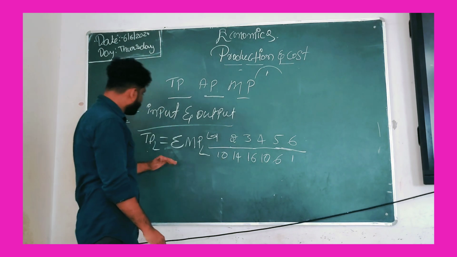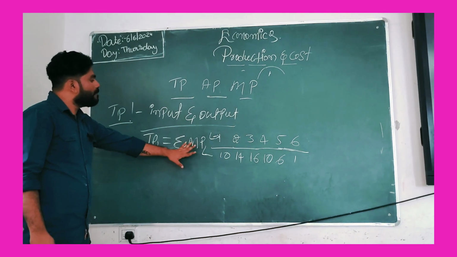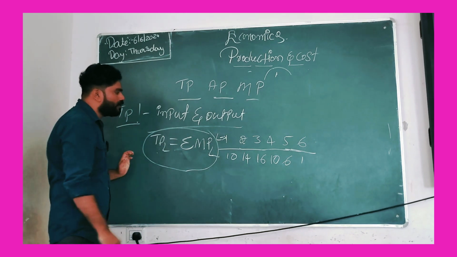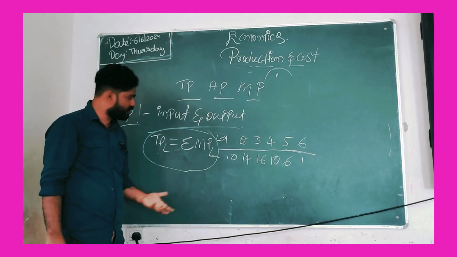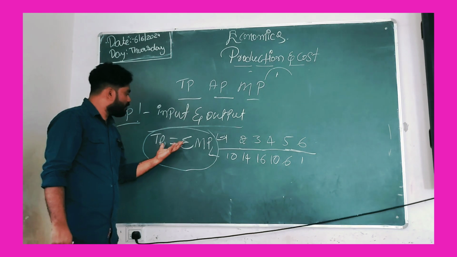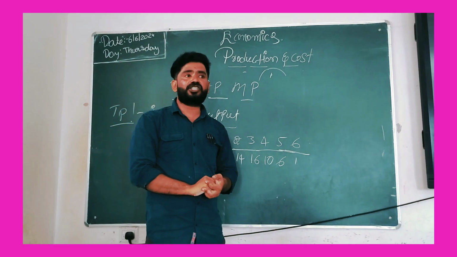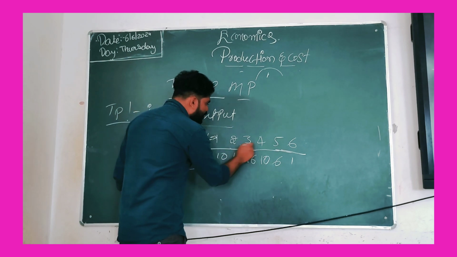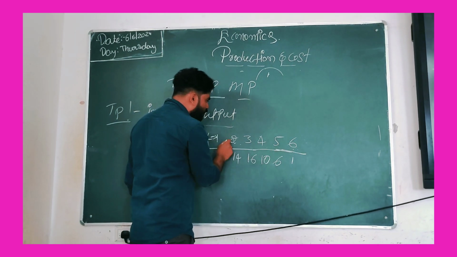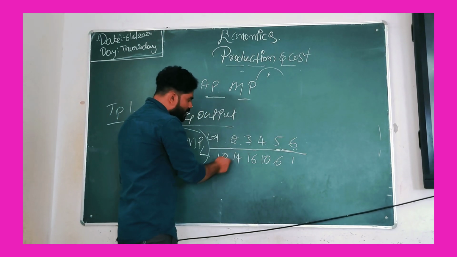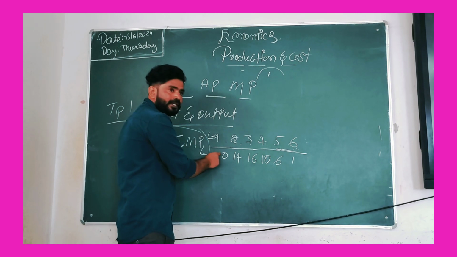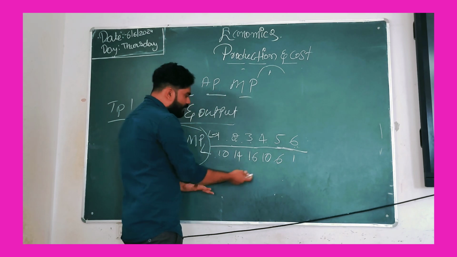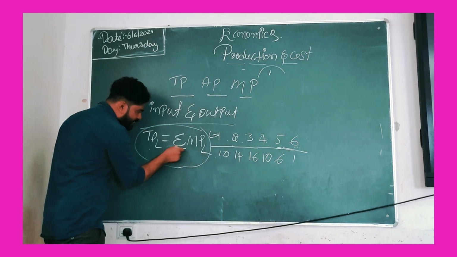Understand? And how to find the marginal product? This is a formula to find it out. It is given in your examination, very simple. This is labor units: the firm uses labor units 1, 2, 3, 4, 5, 6, and the firm gains output.